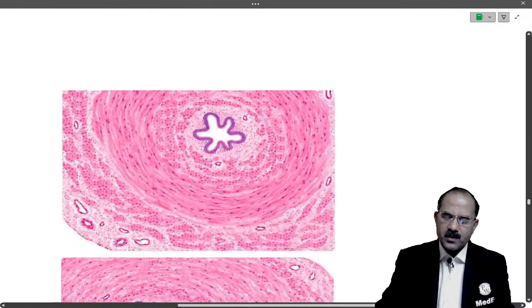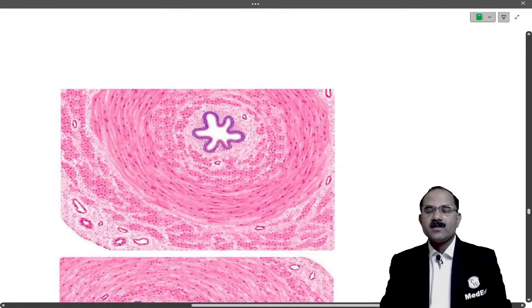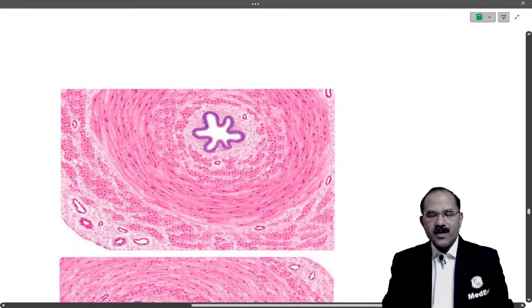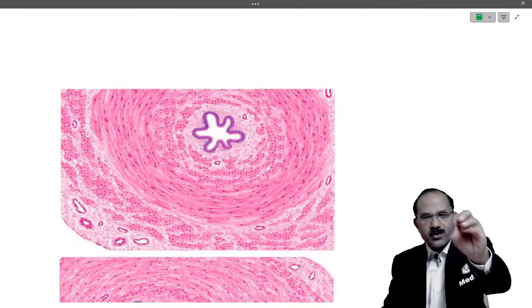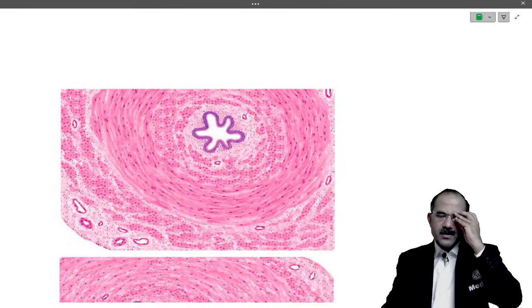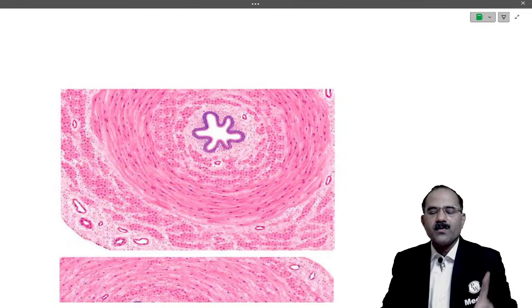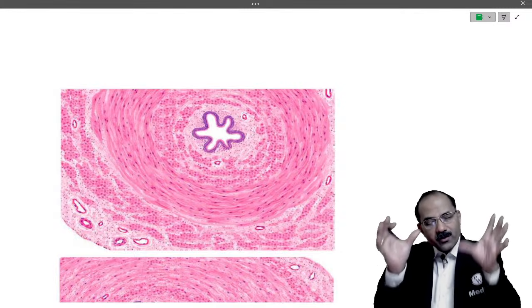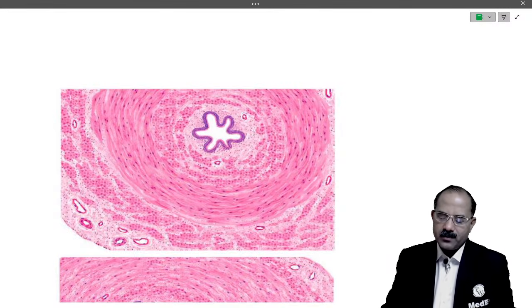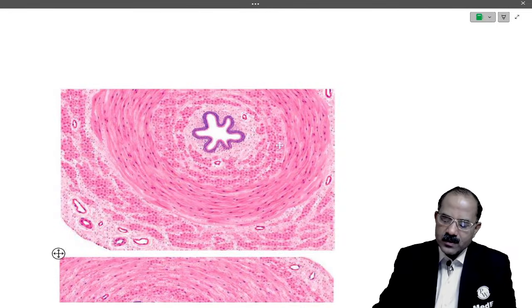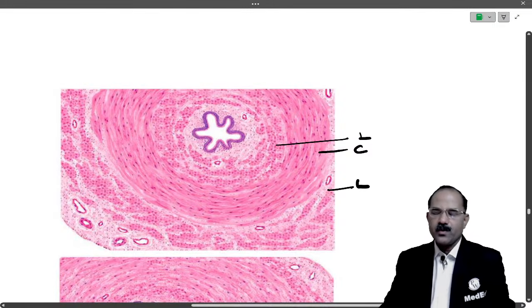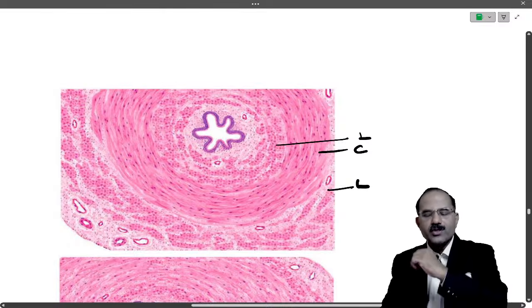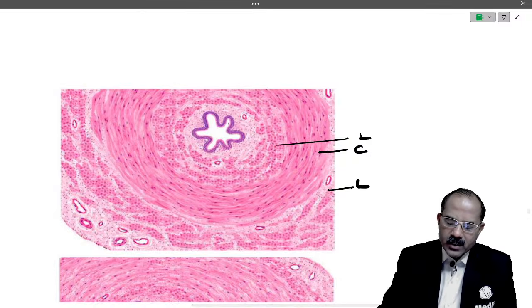Any guesses? What is this slide? Later we'll discuss slides with a lumen, the circular slides with a lumen in it. This is one of them. Here you get a very large muscle layer, longitudinal, circular, again longitudinal muscle, and a very small lumen.